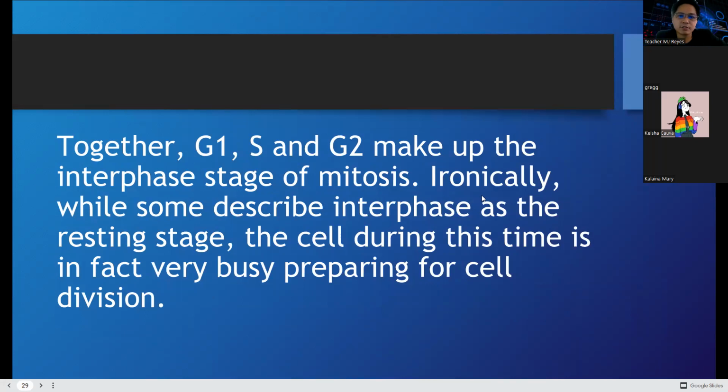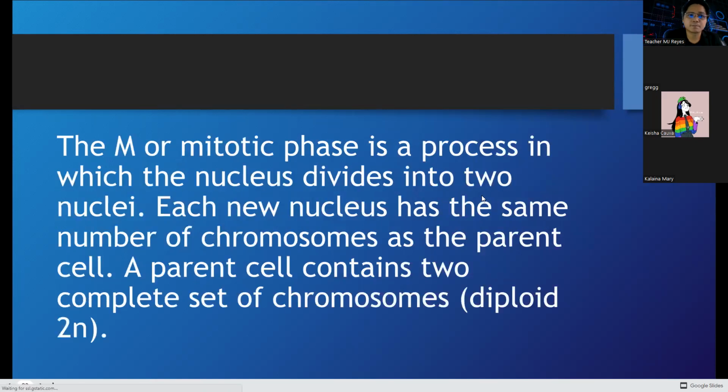Ironically, while some describe interphase as the resting stage, the cell during this time is in fact very busy preparing for cell division. Of course, because if the cell is not ready for cell division, it may create a different set of cells. It may create tumors, it may create cysts, which are defective cells.